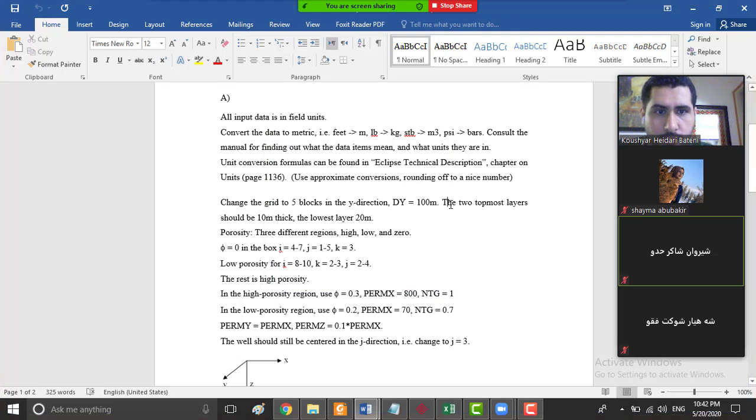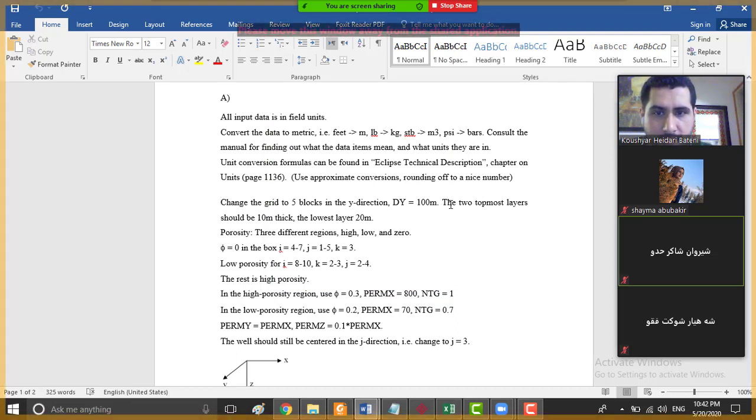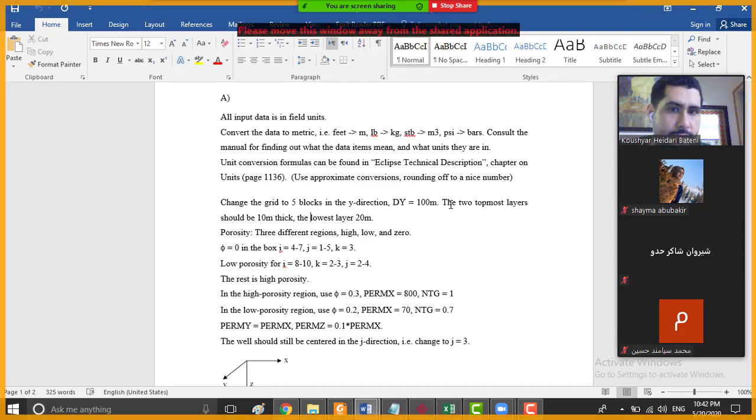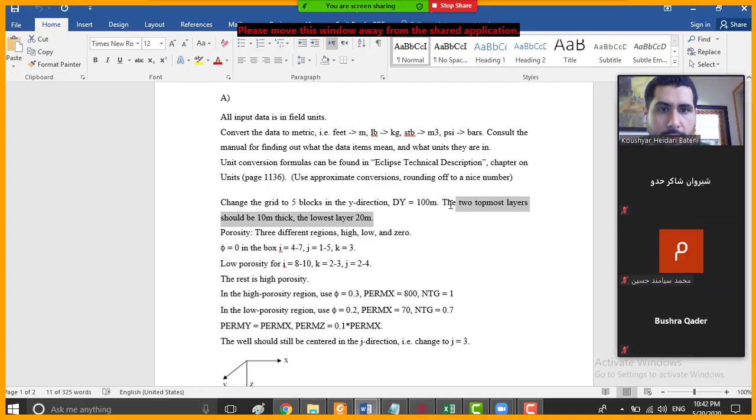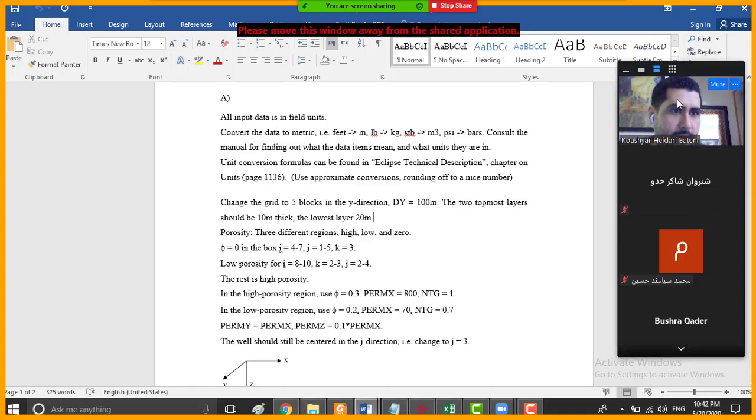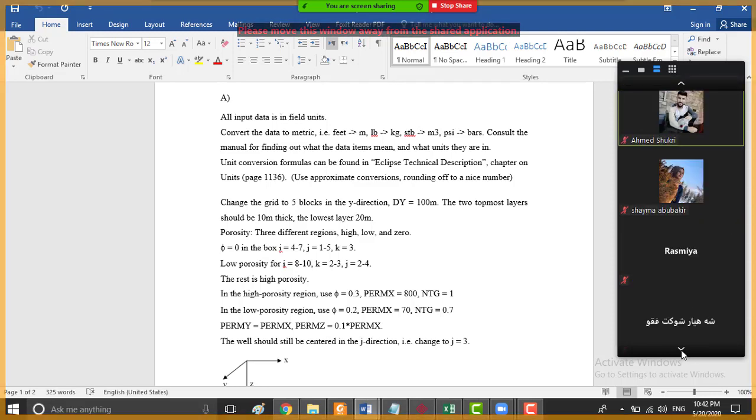And the two topmost layers should be 10 meters thick and the lowest layer 20 meters. Okay? So the thickness of the various layers that we have also changes. There's a heterogeneity on that front also.